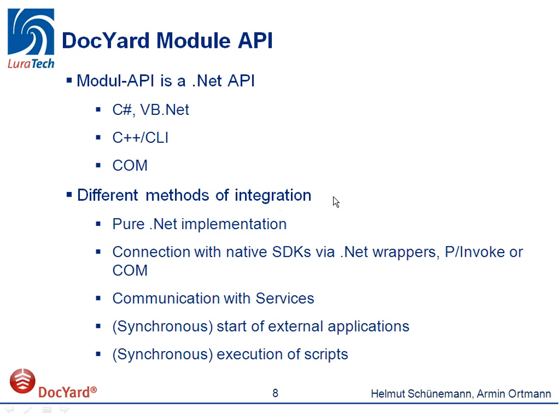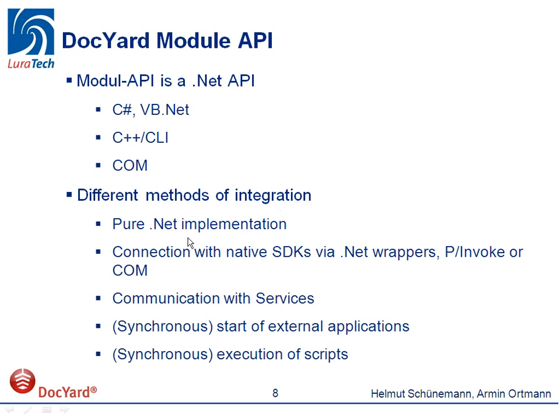Concerning the methods of integration, we are of course talking mostly about integrating existing software, existing SDKs or services into DocYard, less than really implementing some functionality from scratch. But of course you could do that.